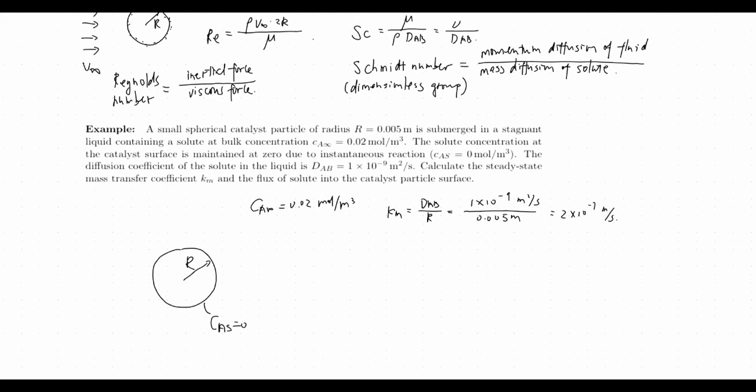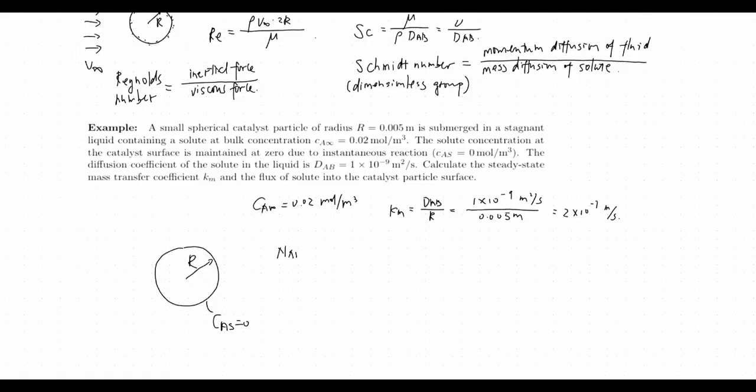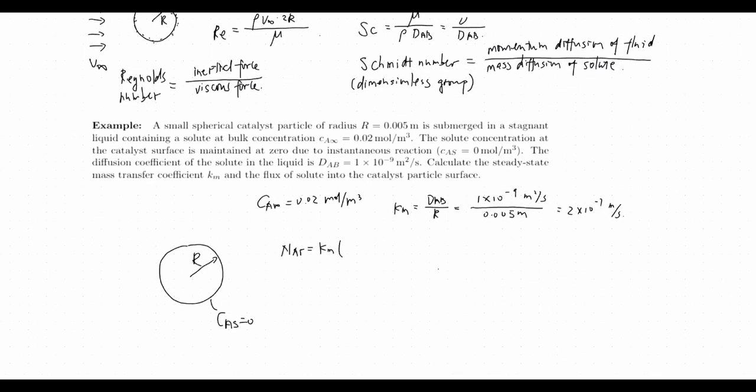It also asks us to find the flux. Find the flux, equal to k_m multiplied by C_As minus C_A infinity.